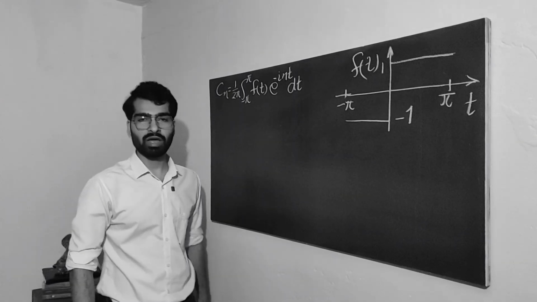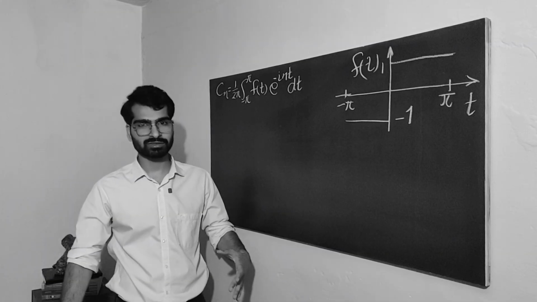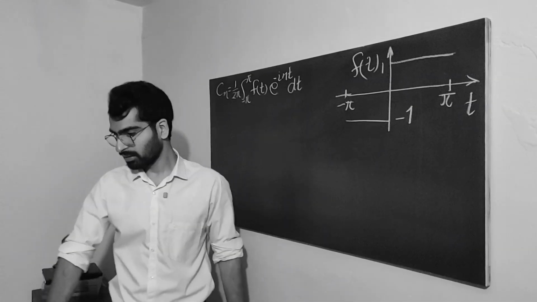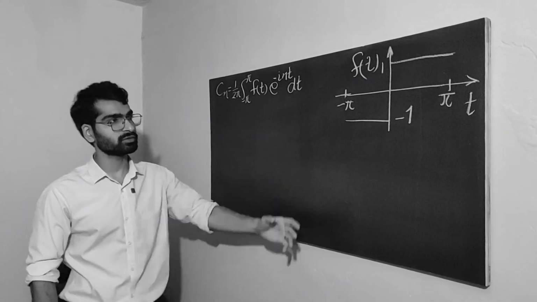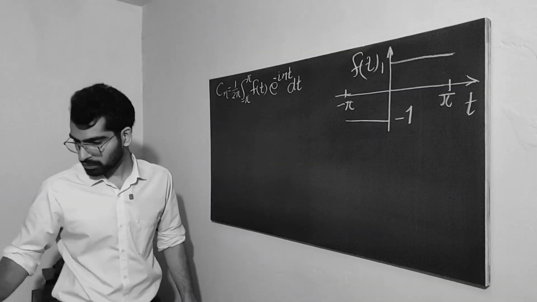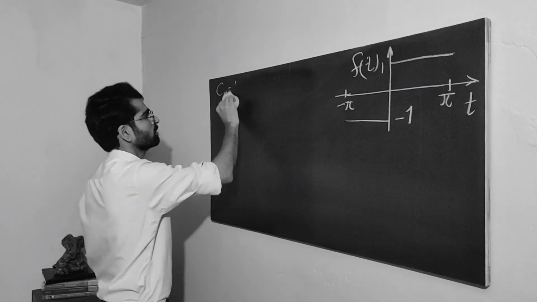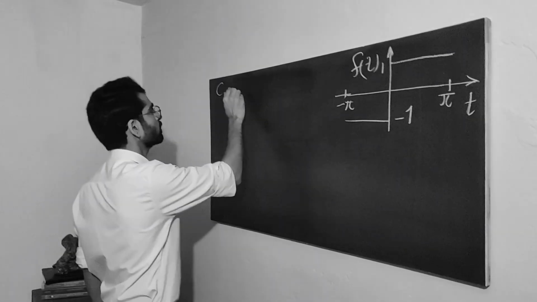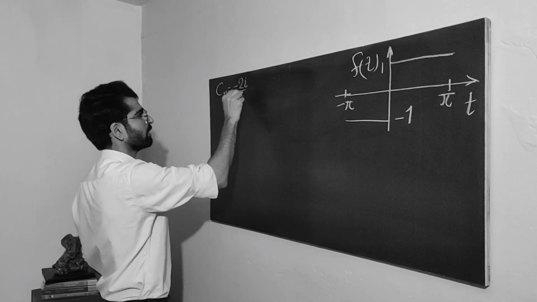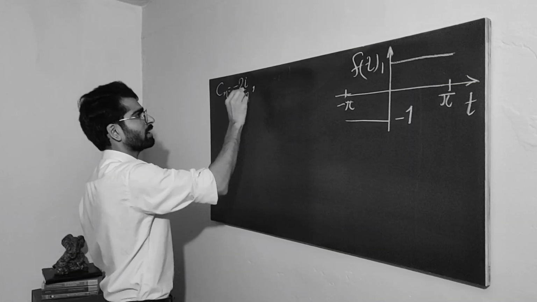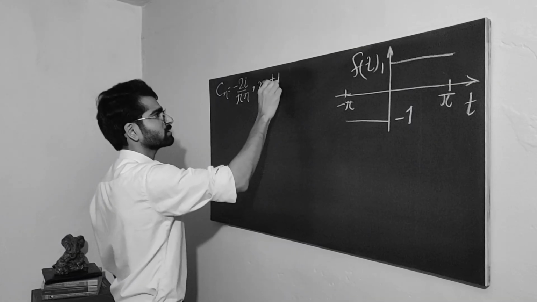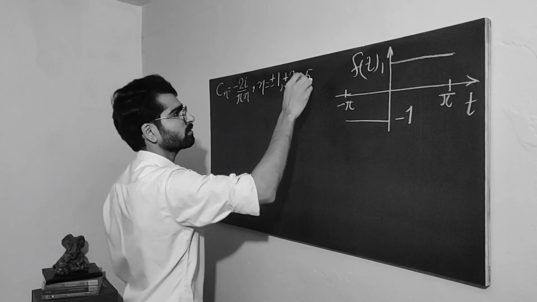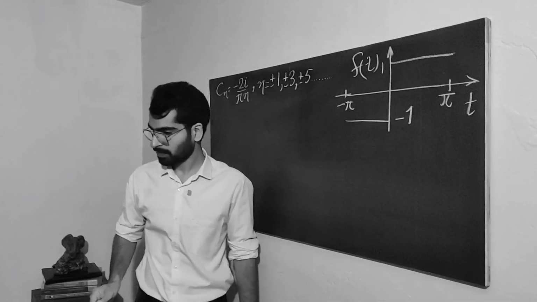And to write this square wave in terms of complex Fourier series, I have to have complex coefficients, cn's. And for that you have to solve this integral for this function. And once you do it, it will turn out to be minus 2i divided by pi n, where n has to be plus or minus 1, plus or minus 3, plus or minus 5, and it will move forward.